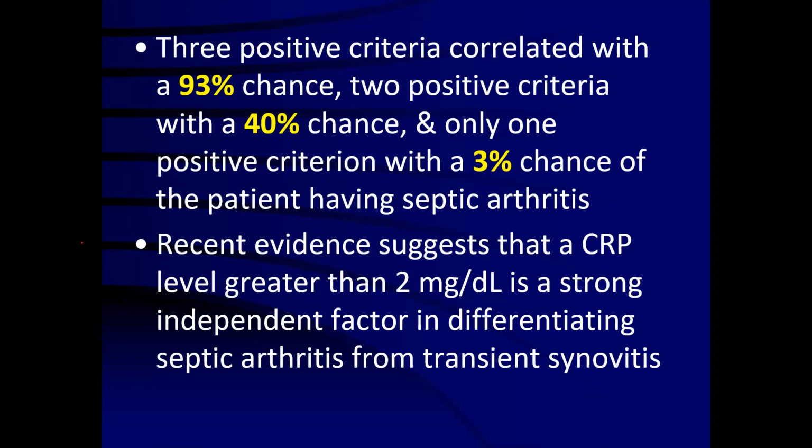Recent evidence suggests that a C-reactive protein level greater than 2 milligrams per deciliter is a strong independent factor in differentiating septic arthritis from transient synovitis.